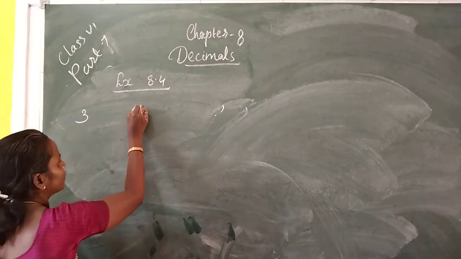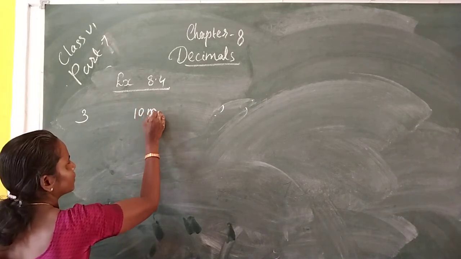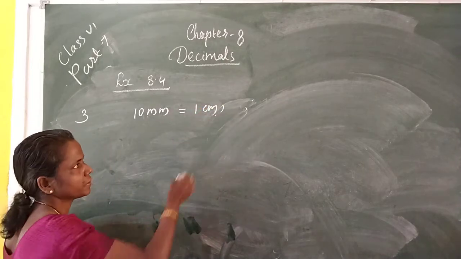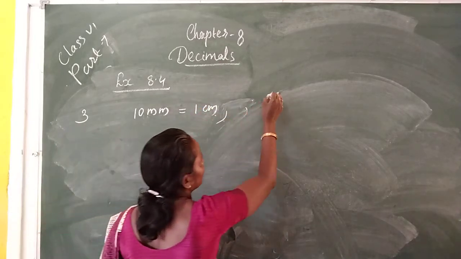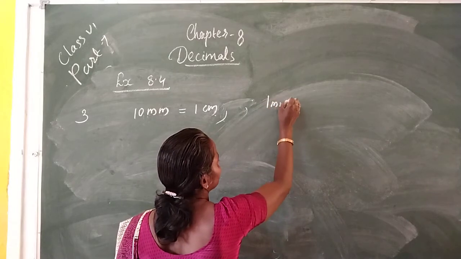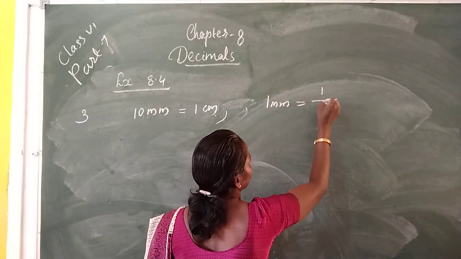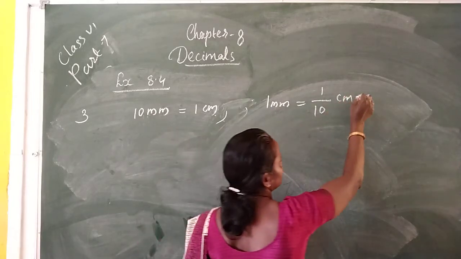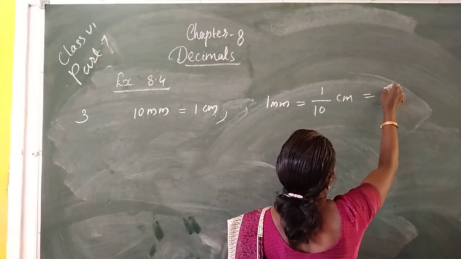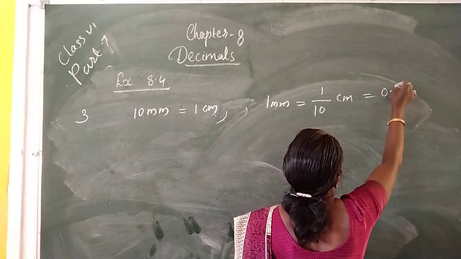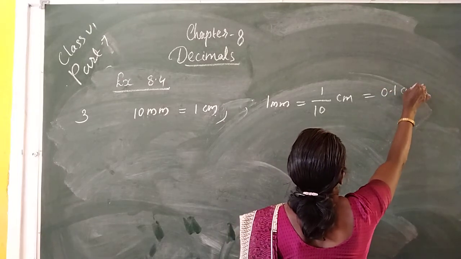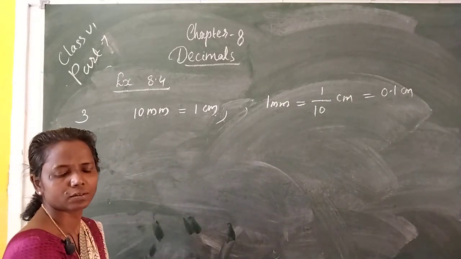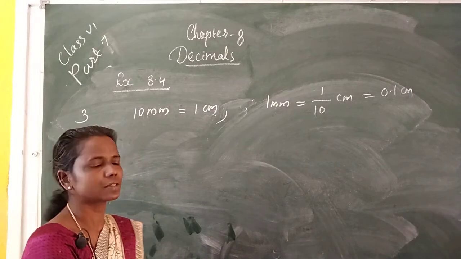We know 10 millimeter is equal to 1 centimeter. So 1 millimeter is equal to 1 by 10 centimeter. Then this we can write in decimal form is equal to 0.1 centimeter.